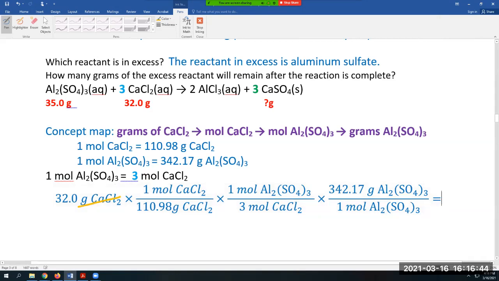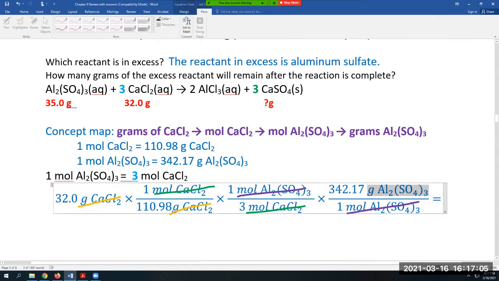Let me show how we cancel units. We cancel grams of calcium chloride. Next, we cancel moles of calcium chloride. And finally, we cancel moles of aluminum sulfate. This way, we get grams of aluminum sulfate as the final unit. In the calculator, you do 32.0 times 342.17 divided by 110.98 grams of calcium chloride and divided by 3.